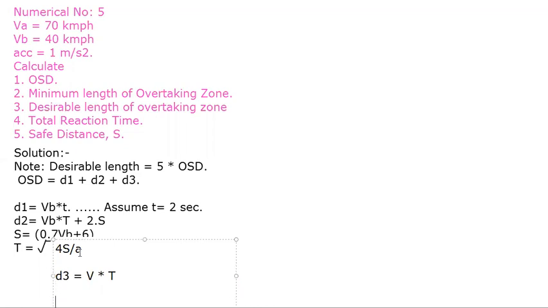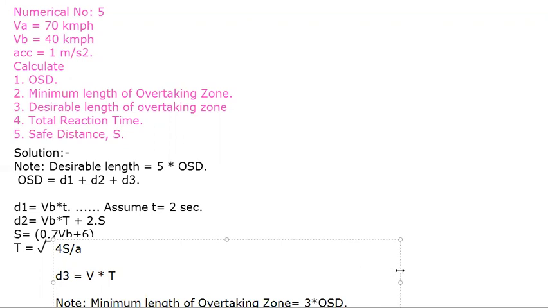Now, what is the minimum length? One more note: the minimum length of overtaking zone is equal to 3 times OSD, and you know that the desirable length of overtaking zone is equal to 5 times OSD.